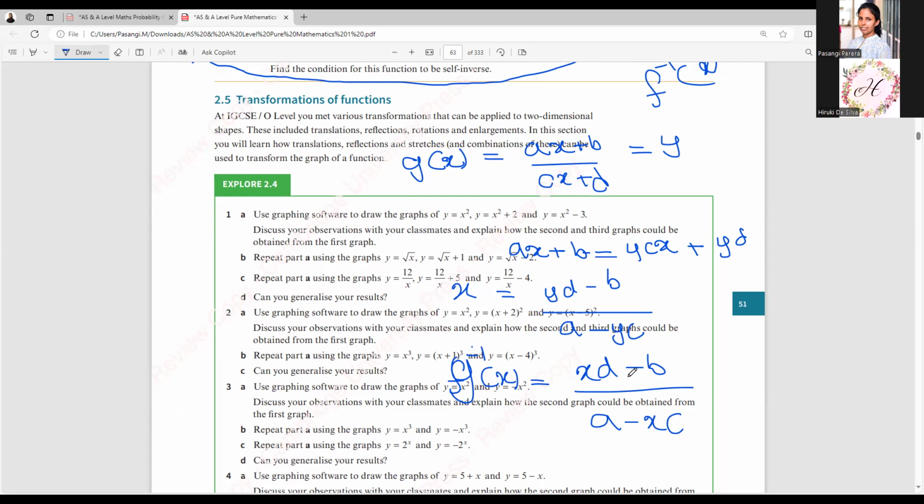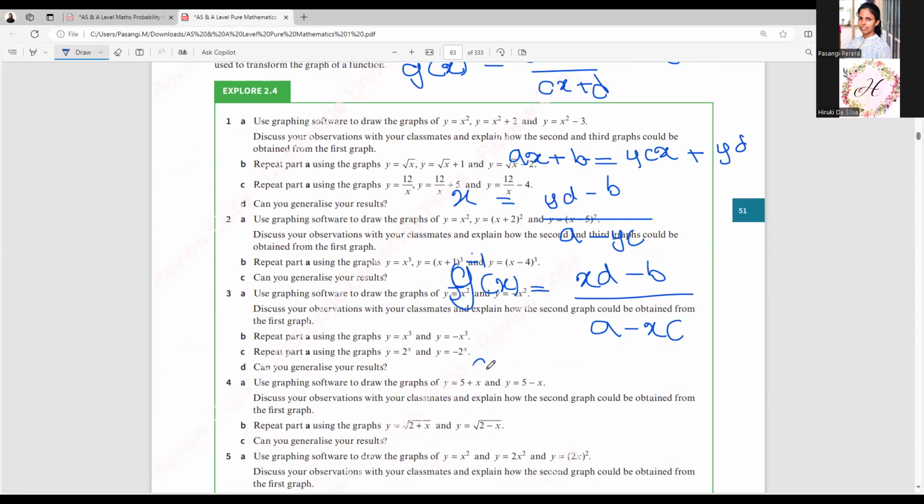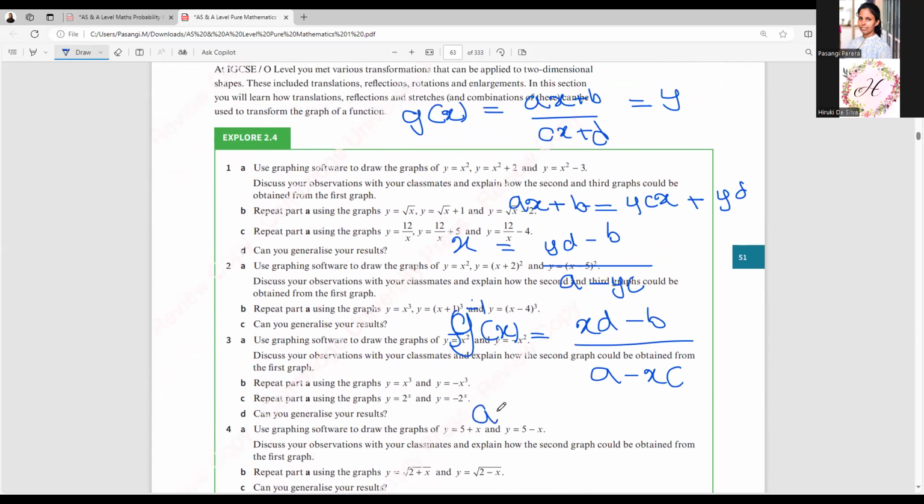So this one should equal this function. That means (ax plus b) over (cx plus d) should equal (xd minus b) over (a minus cx).